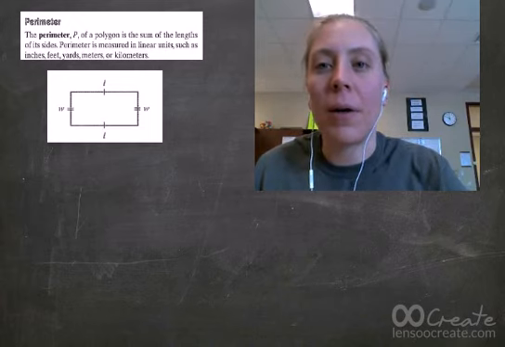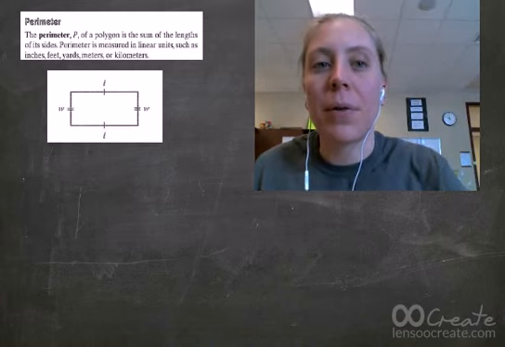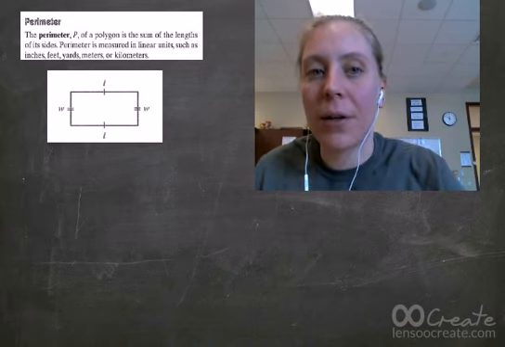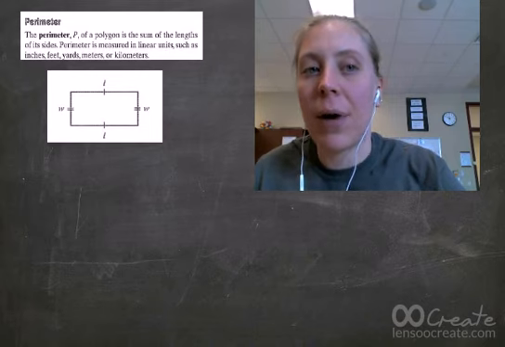When we're talking about perimeter, it is the distance around an object. So to find the perimeter of any polygon, you would add up the length of the sides. Here we have a rectangle.